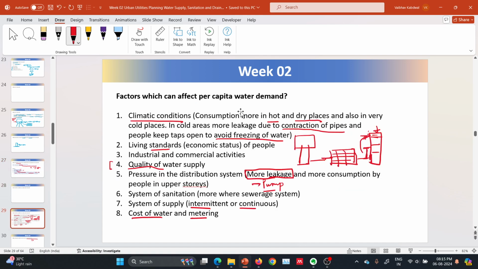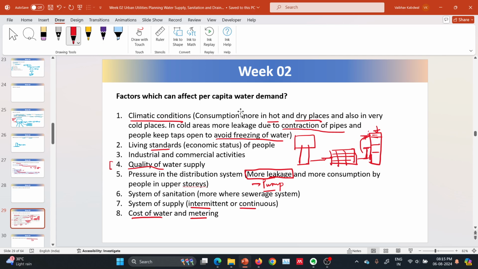And we understood how the water consumption or water demand is affected by certain things like living standard. If it is good, our water demand will be high. If the climatic conditions are hot and dry, we can expect more water. But in the cold areas, people keep their tap open to avoid freezing, and there also we can have more water demand.